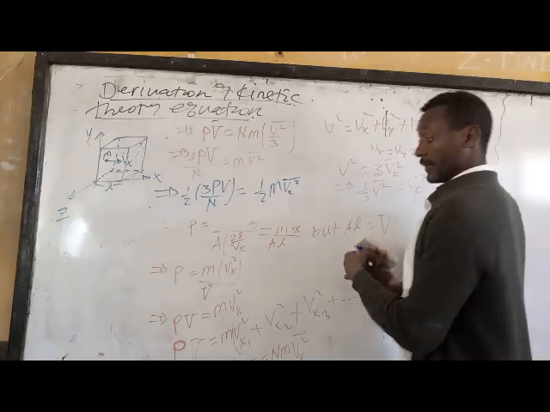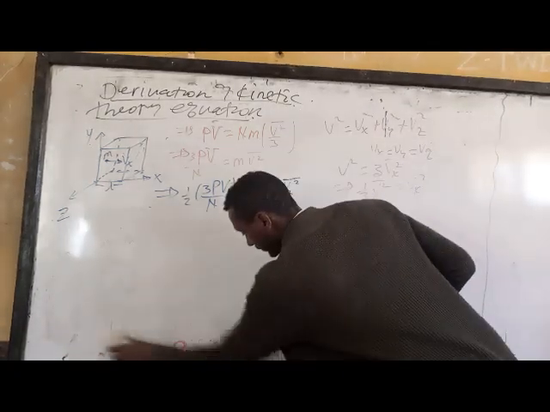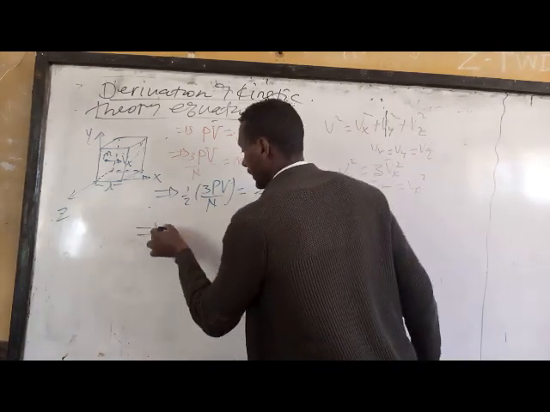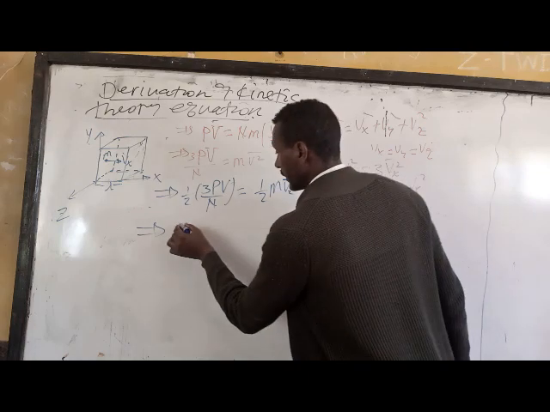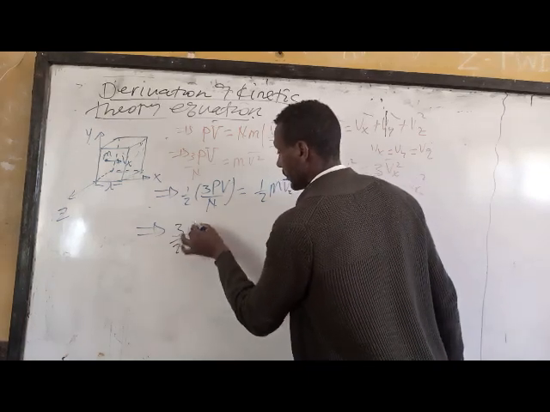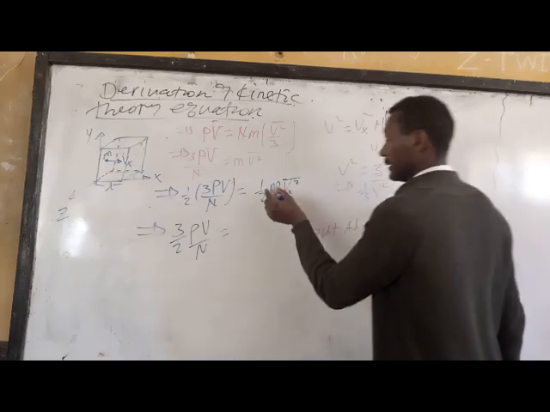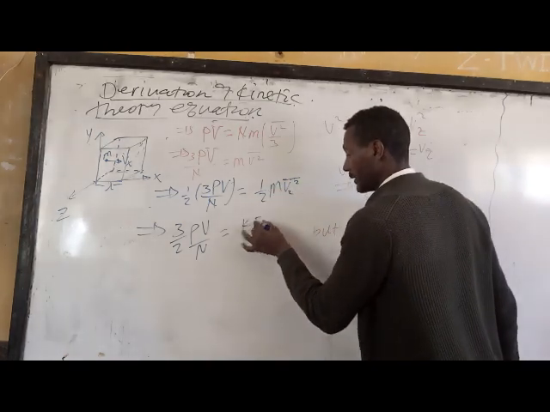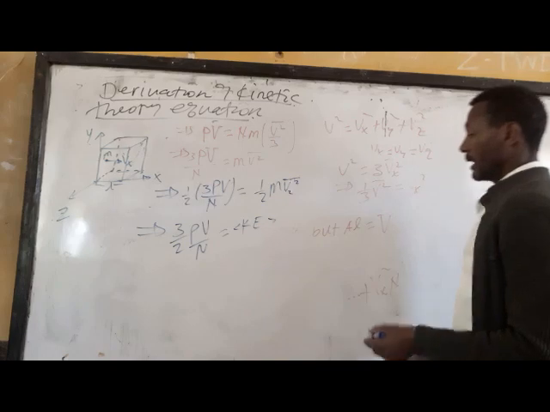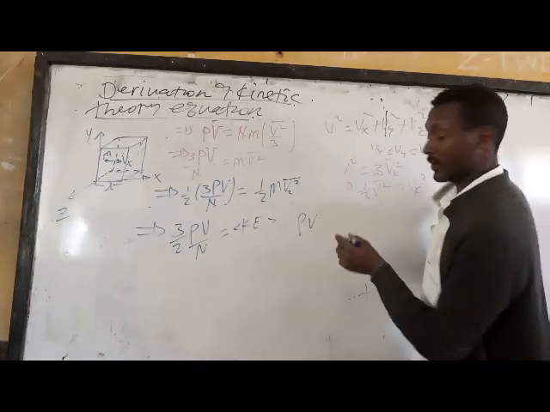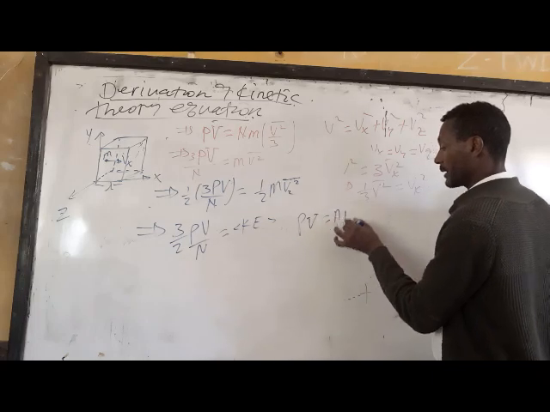This takes the form of average kinetic energy. This implies 3 over 2 PV over N is equal to the average kinetic energy, but PV is equal to nRT from the ideal gas equation.